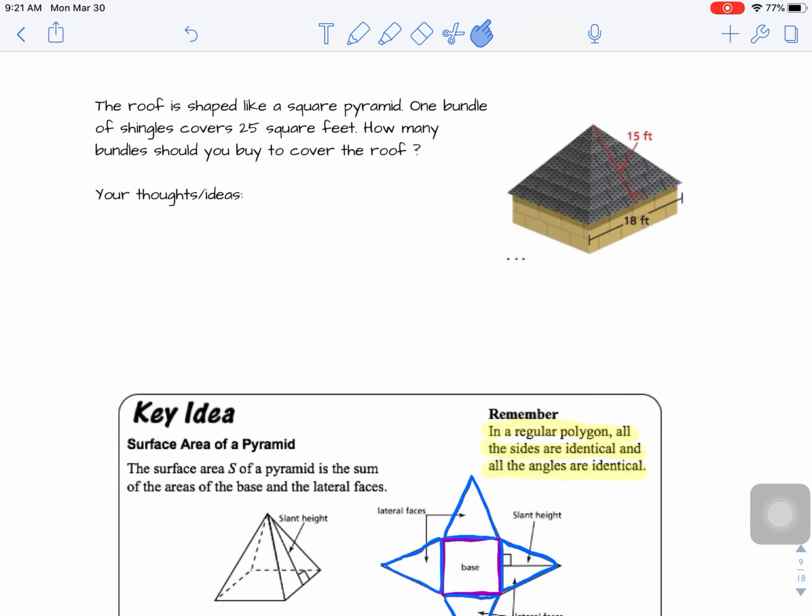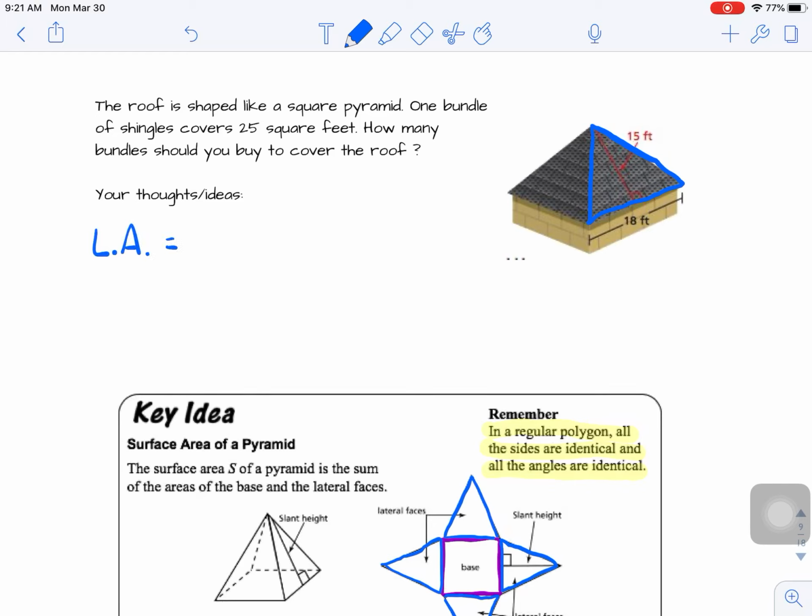All right, so if we look at this first example, it says the roof is shaped like a square pyramid. One bundle of shingles covers 25 square feet. How many bundles of shingles should you buy to cover the roof? Well, the roof is made up of 4 triangles, and all 4 of those triangles are identical. So what they're having us find is the lateral area.